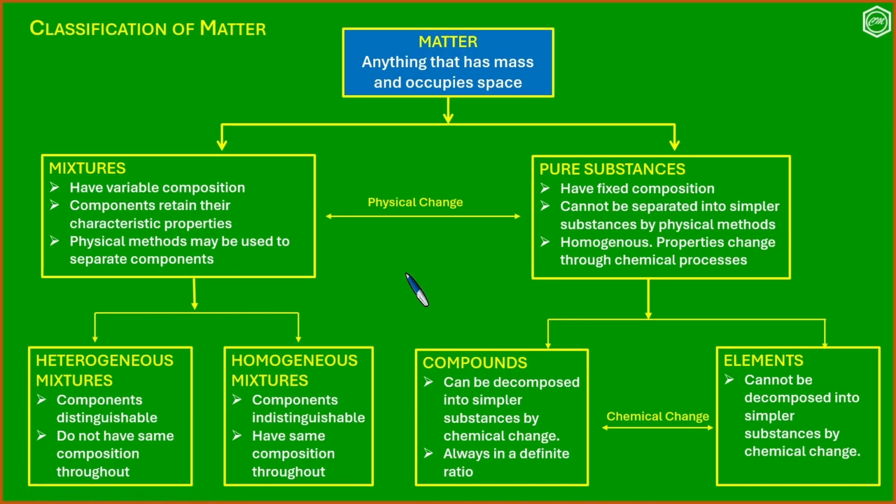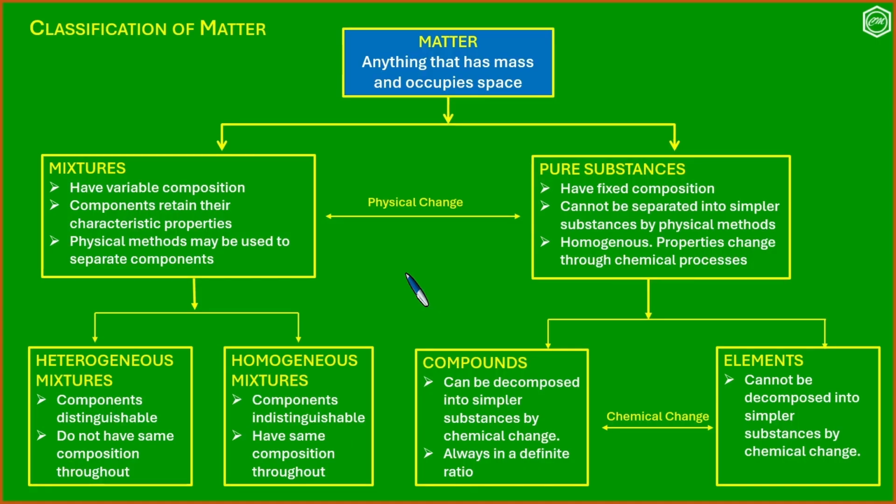Every substance has unique or characteristic properties. These properties can be classified into two categories: physical properties and chemical properties. Physical properties are those properties which can be measured or observed without changing the identity or composition of the substance.